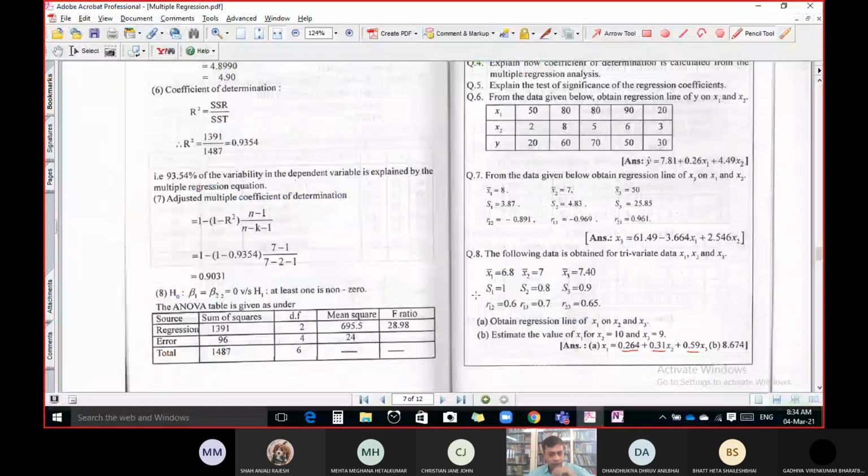If we take, instead of 2.19 we have 2.17, and 0.59 into 7.4, so it is 4.26.